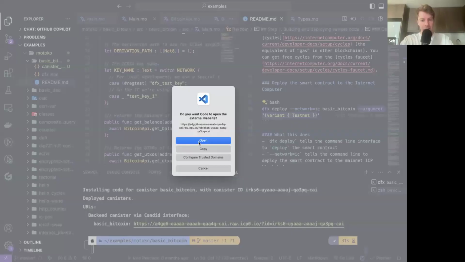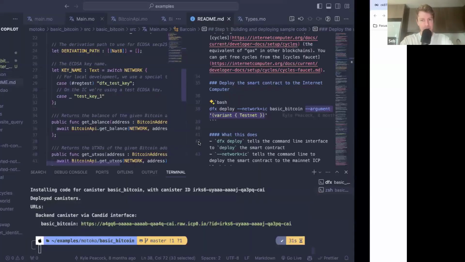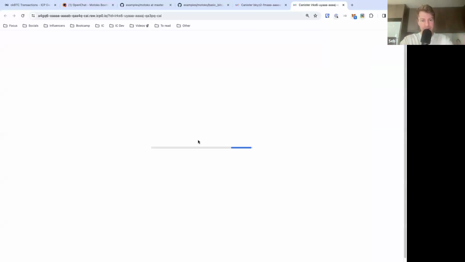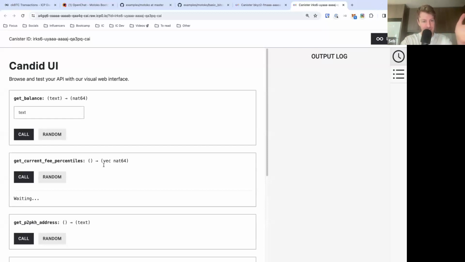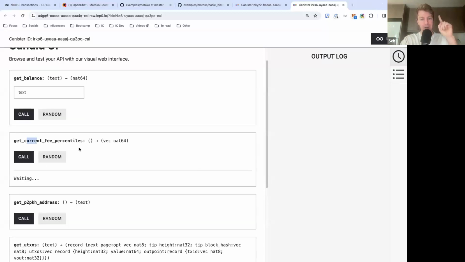Okay, now let's take a look at this address. This is our canister that is deployed on the IC. Now I should be able to use this to get the fee. So I'm calling the Bitcoin testnet here. But the Bitcoin testnet is a real network that is exactly like the real Bitcoin. So you can see it takes some time.